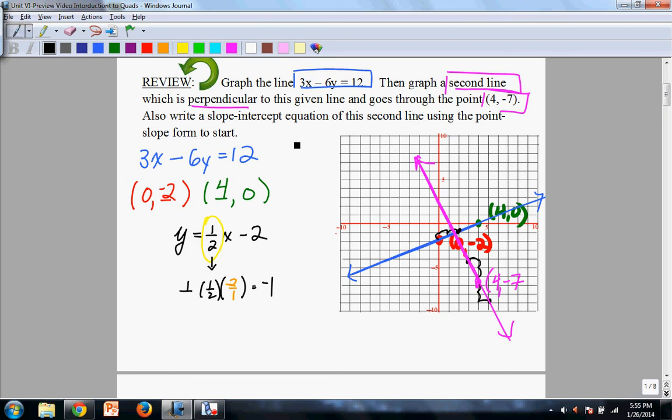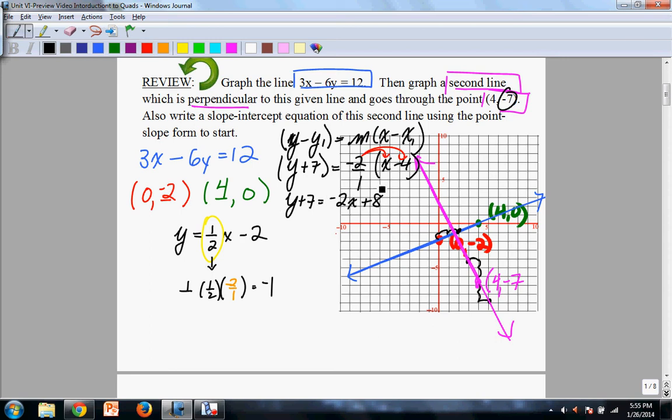Now we want the y equals mx plus b version of that line. So to do that, I'm going to use the point-slope equation of a line, which is y minus y1 equals slope times x minus x1. So we plug it in: y minus negative 7, that's double negative, equals -2/1 times x minus 4. Go ahead and distribute here. End up with y plus 7 equals -2x plus 8.